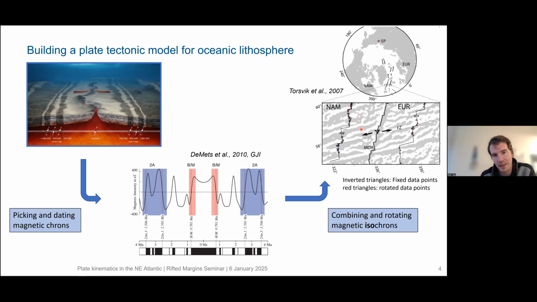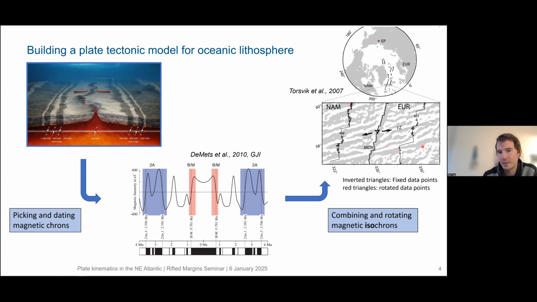This is shown in this panel on the top right over here, and it is an example for the Northeast Atlantic. When we have identified some peaks over here of magnetic intensity, we need to rotate the intensity of one tectonic plate to fix it to another one.